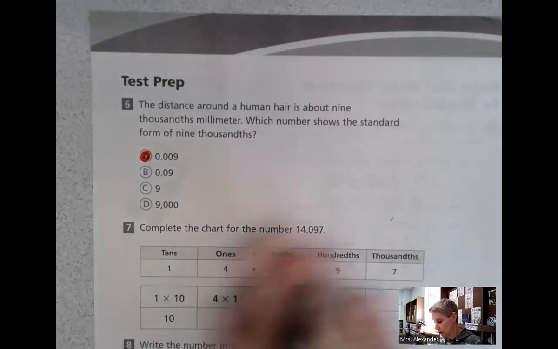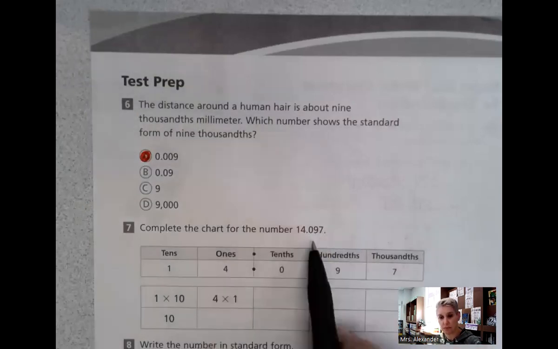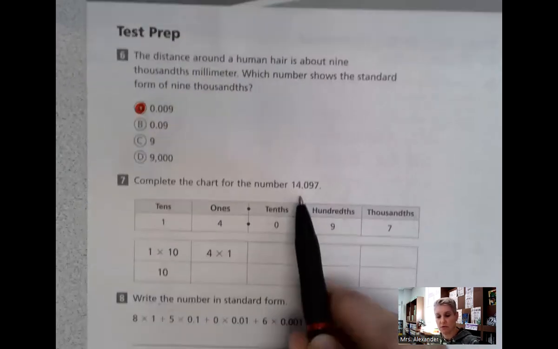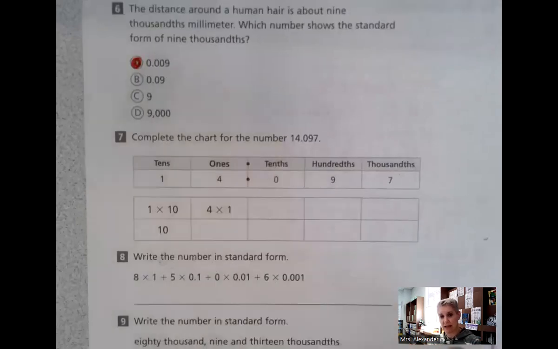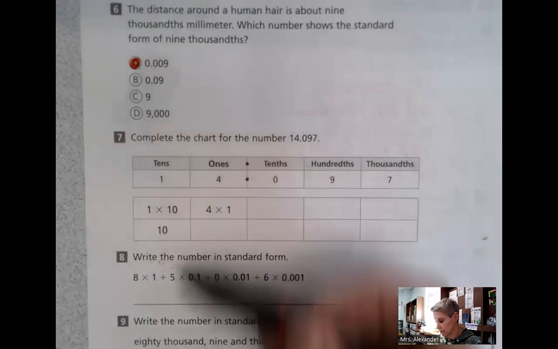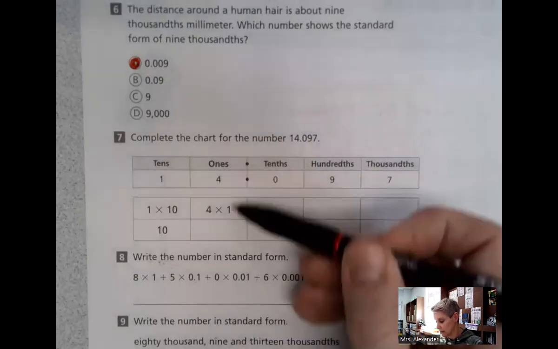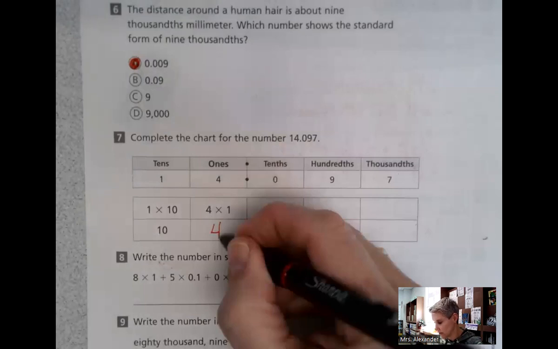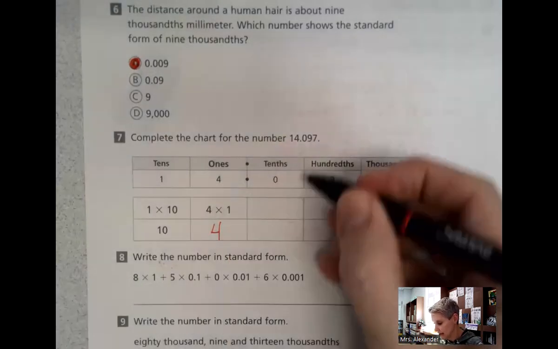If I have this chart, read this number. 14 and 97 thousandths. There's 1 ten shown here. 4 ones, that would equal 4. 0 tenths.